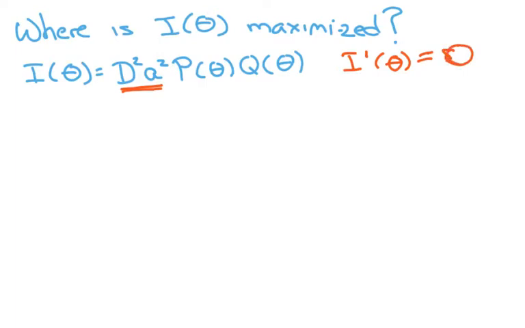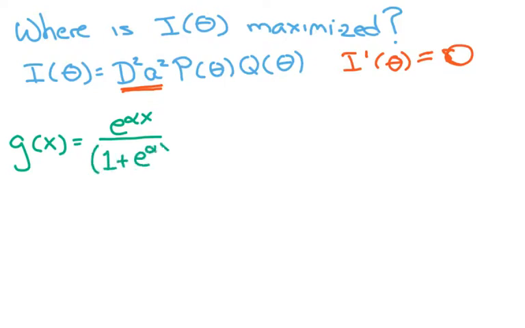So let's just call this function g of x. This is going to equal e to the alpha x over 1 plus e to the alpha x squared, which is just substituting again alpha equals dA and x equals theta minus b.